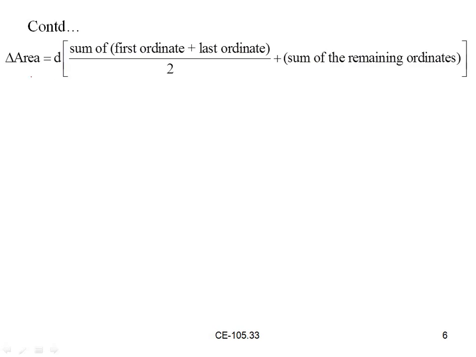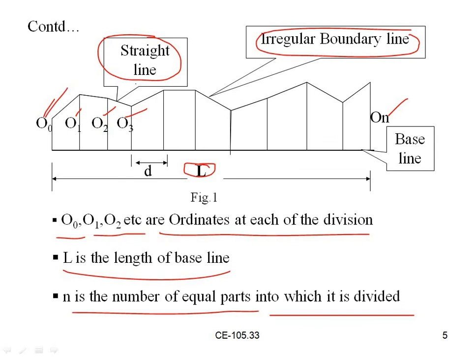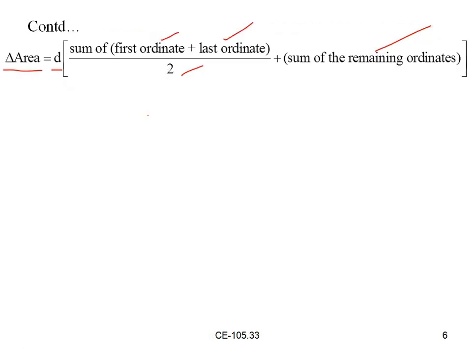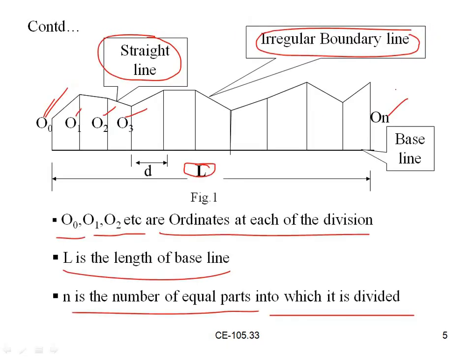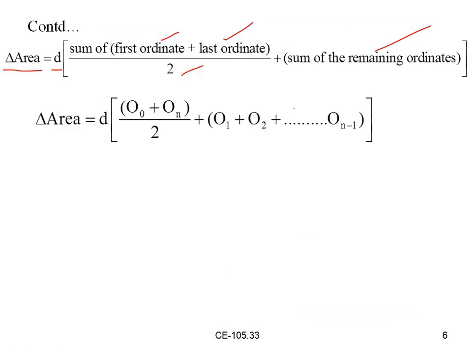So let us see here. Now the formula will be changed. Area is equal to d into [(first ordinate plus last ordinate) by 2 plus sum of the remaining ordinates]. So here what is the first ordinate? This is the first ordinate. What is the last ordinate? Wherever you are getting On, this is the last ordinate, by 2, plus the sum of remaining ordinates.